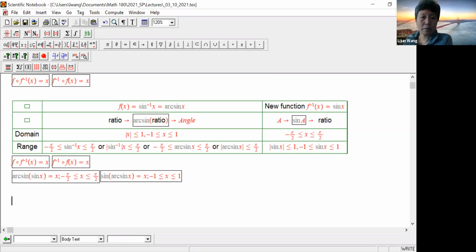Did you find it? Trig 7A. I don't think I changed the page number.